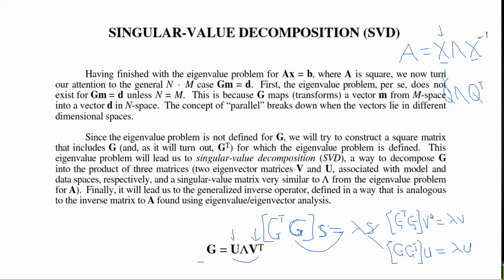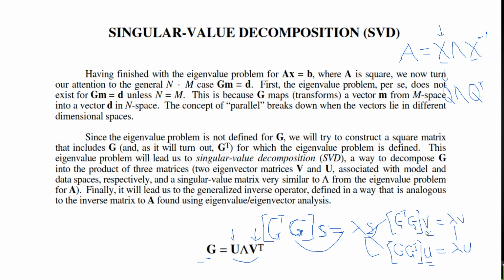which give us two different sets of eigenvectors, but the same eigenvalues. This is the property of pre-multiplying and post-multiplying this matrix. So the principle of singular value decomposition is that if we have a G, and we pre-multiply by G transpose or post-multiply by G transpose, these two square matrices will have the same eigenvalues but different eigenvectors.